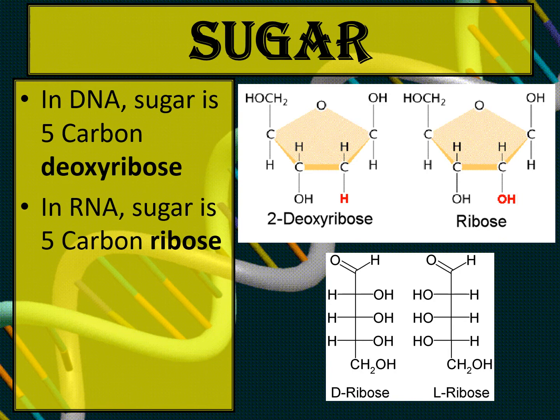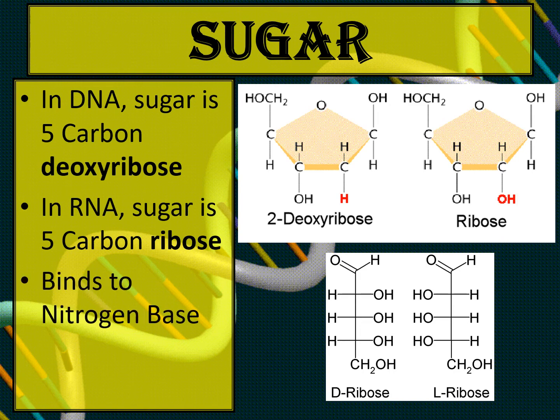And the only difference between the two, if you're looking at the picture on the screen, is that deoxyribose is lacking 1 oxygen on the carbon ring, whereas ribose in RNA contains an oxygen. So the reason why DNA is called deoxyribonucleic acid is because it is lacking 1 oxygen.